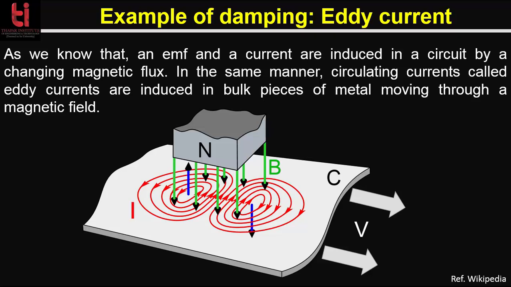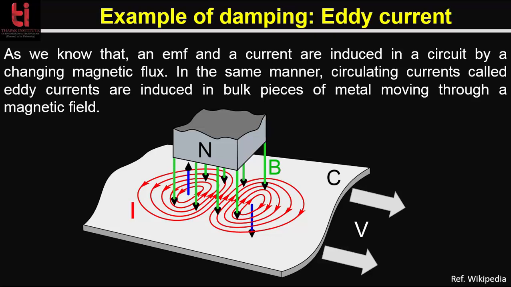Since the metal is moving, the magnetic flux through a given area of the sheet is changing. In the part of the sheet moving under the leading edge of the magnetic field, the field through a given point on the sheet is increasing as it gets nearer to the magnet.